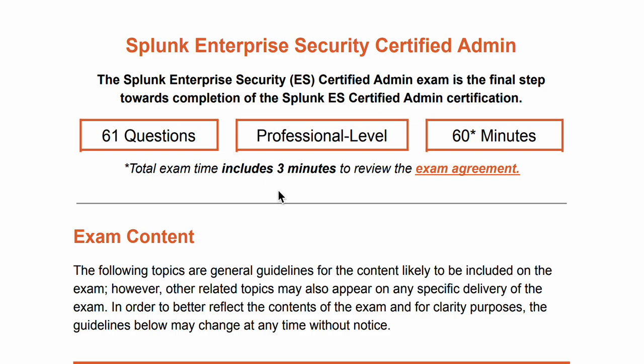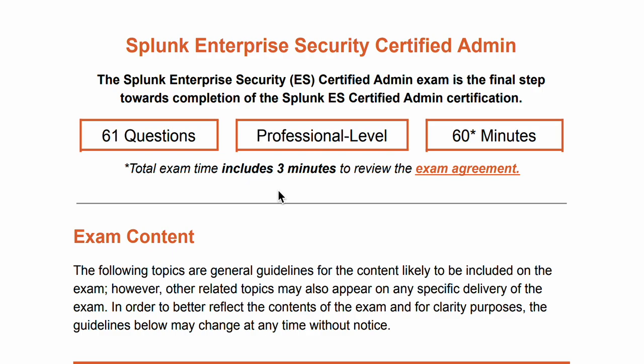First of all, you should be user certified, or if not, then have the Power User certification and the Splunk Admin certification. That is very beneficial, because there are a few terms used in this examination or training for Enterprise Security, and if you have a background with Power User or Admin, you will understand better.